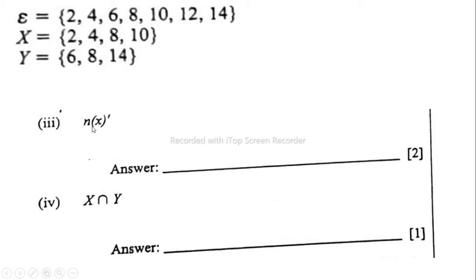Does anyone know what this does? Is anyone familiar with this?